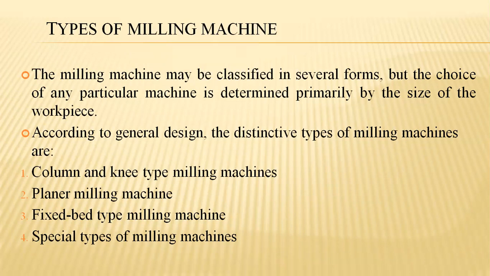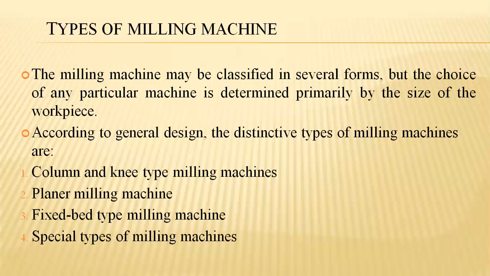Generally, milling machines, upon their operational parameters, have been classified into several forms, as per their size requirements with respect to the work part and based upon their design criteria, which have a major role in transforming the material into particular shapes and designs.